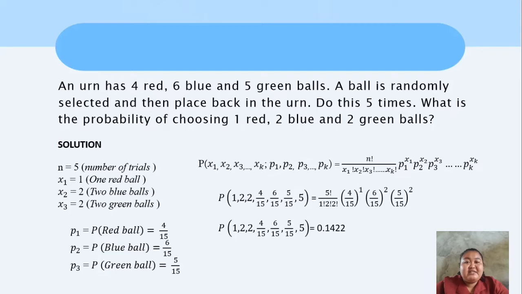So P(1, 2, 2; 4/15, 6/15, 5/15, 5) equals 0.1422.